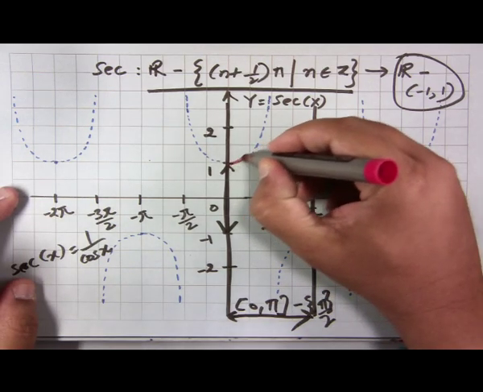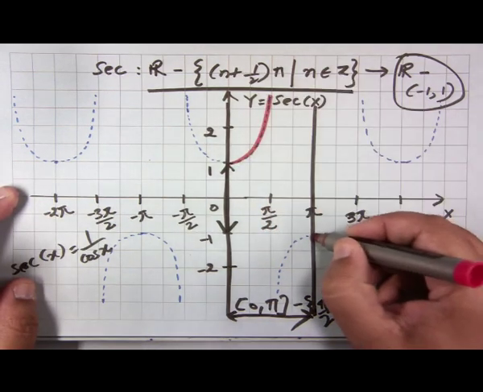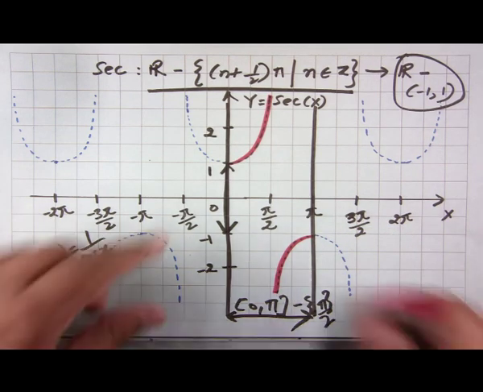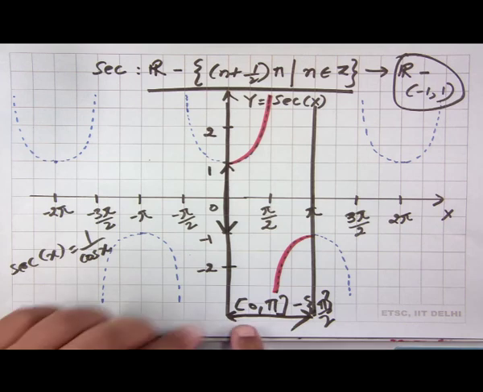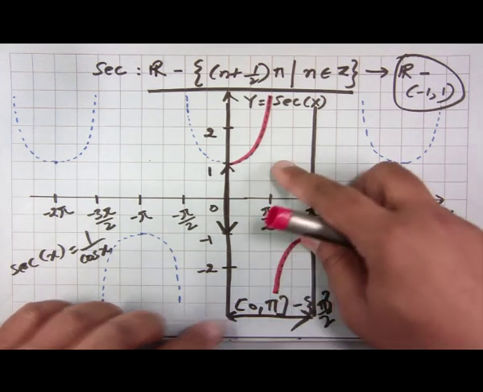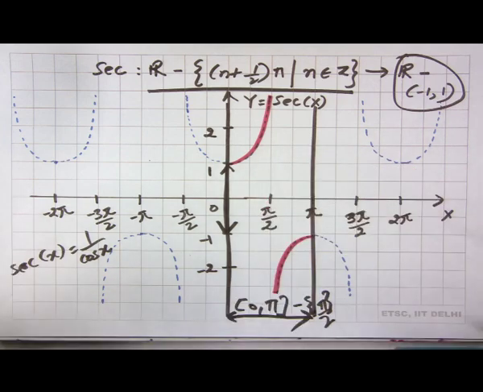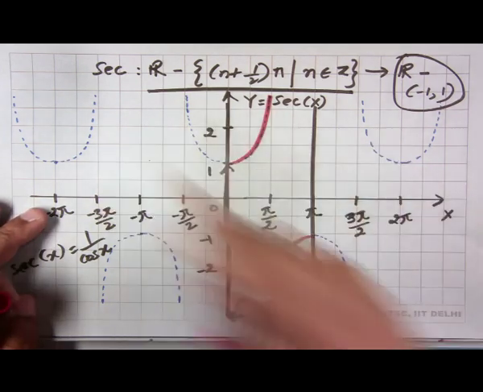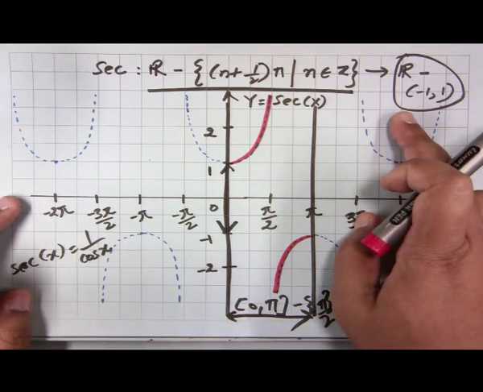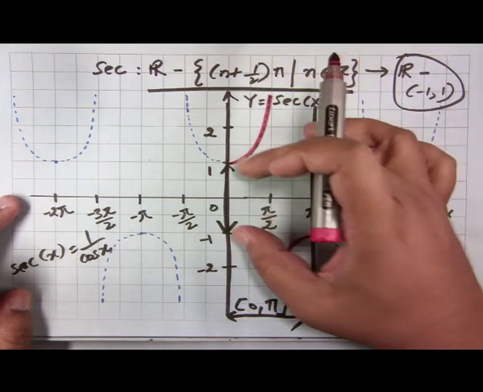The graph of the secant function will then be what I am drawing with the red curve. This will be the graph of the secant function when the domain is restricted to this interval except π/2, and as we can see, the range even after this restriction of the domain is still the same. It is still all real values except the interval -1 to +1.